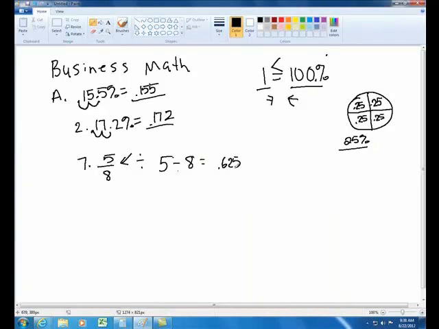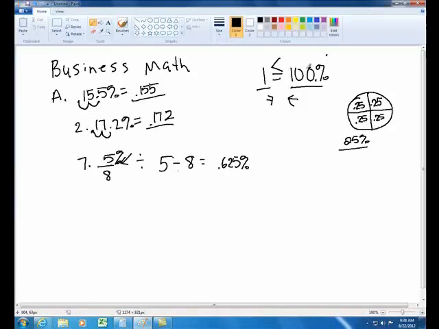So it's 0.625%. Now, if I had 5/8 of a percent, I know that that means the exact same thing as 5 divided by 8. So I actually have 0.625 of a percent.